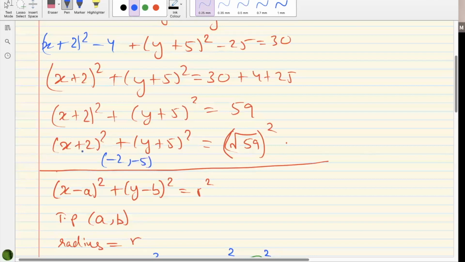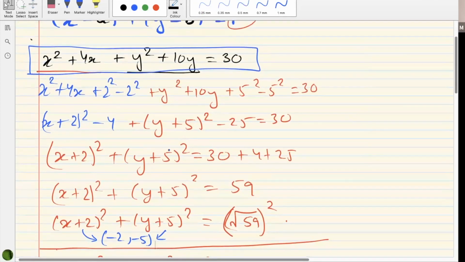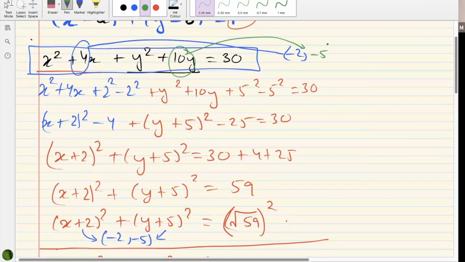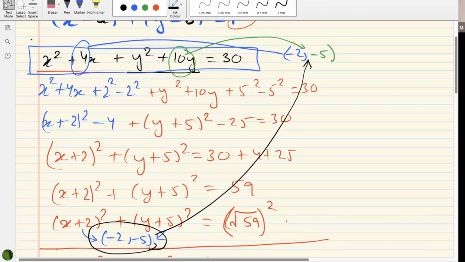Sign changed. And if we observe the first line, the coefficient of x was 4. So half and sign change gives minus 2. Coefficient of y was 10. So half and sign change was minus 5. Now compare these two: coordinates of center and coordinates of center.